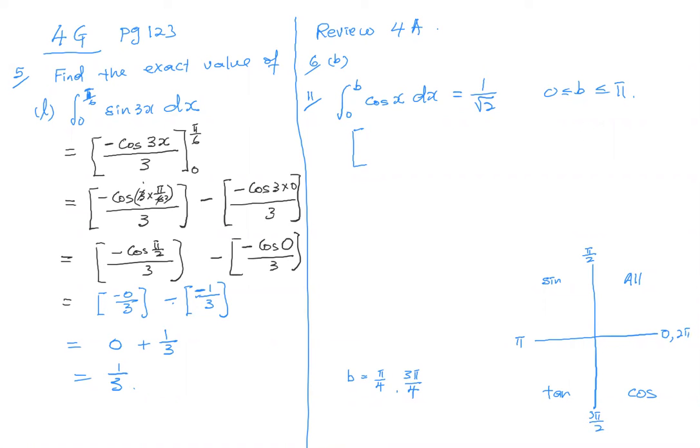So All means sin, cos, and tangent of the angle are positive. If sin of an angle is positive, it can be in the first or second quadrant. Do you still remember that? Yes, now I do. Earlier I did not.